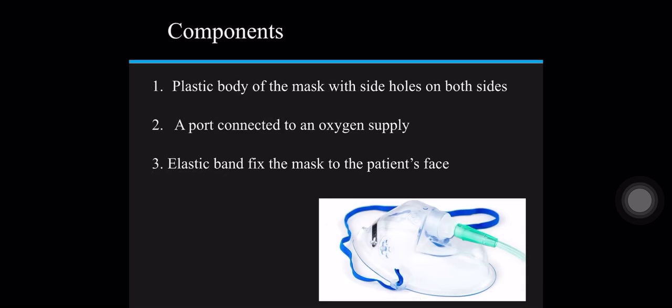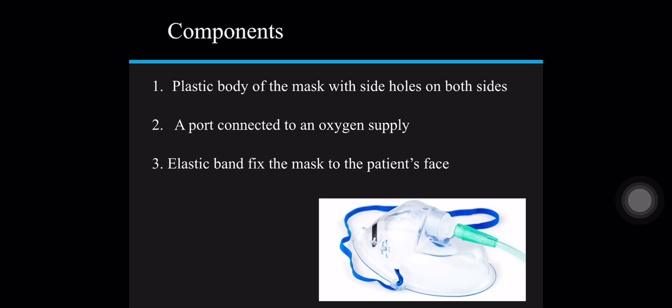Components are the plastic body of the mask with the side holes on both sides. Later, I will explain what the function of the side hole is. The plastic body is transparent to inspect the secretions and the vomiting of the patient.